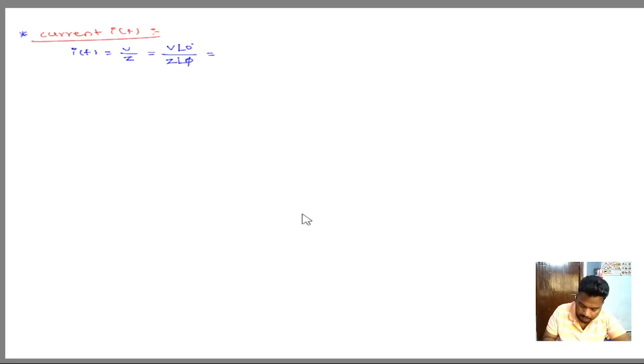Then V by mod Z at an angle minus phi. I am writing capital I at an angle minus phi.